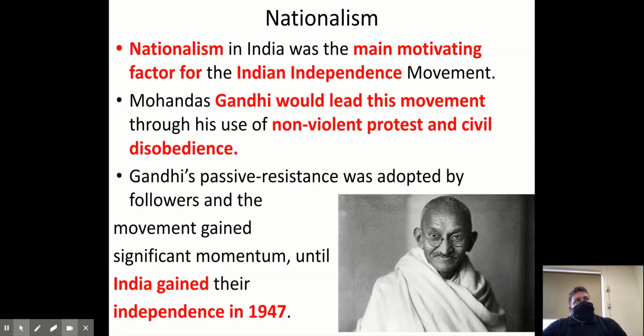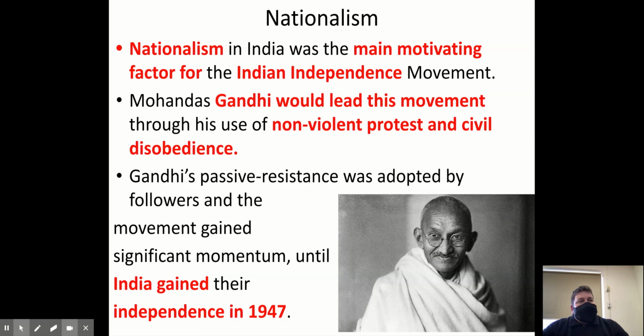All right, so Gandhi is a person that some of you may have at least heard of. So we're going to talk a lot about him in the coming days. But like we said, nationalism becomes the main motivating factor for Indian independence. India is full of British government officials and British troops that are controlling society and the economy at gunpoint, for lack of a better term, and this is only going to be tolerated for so long.